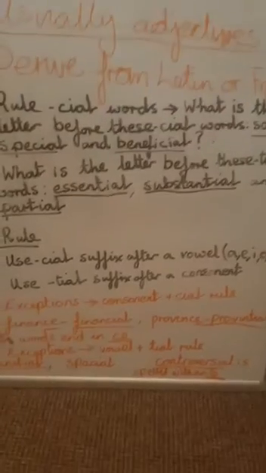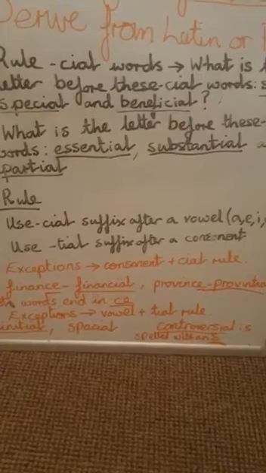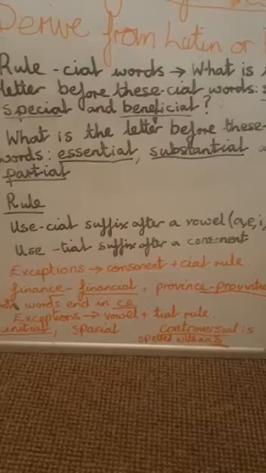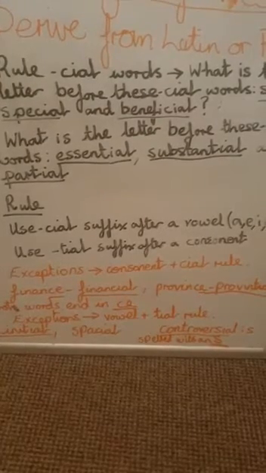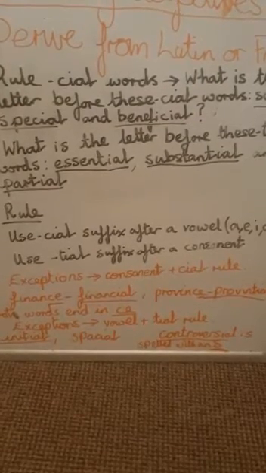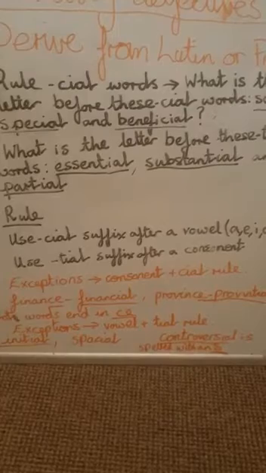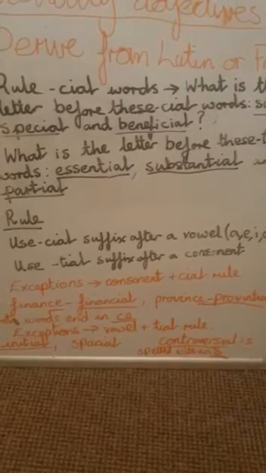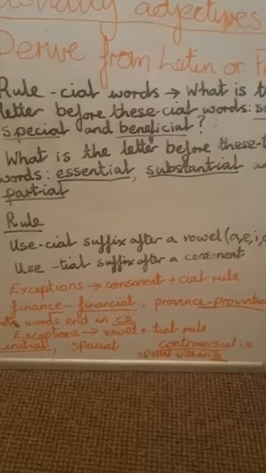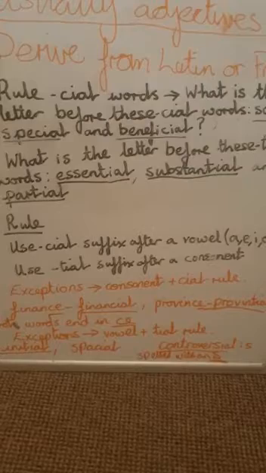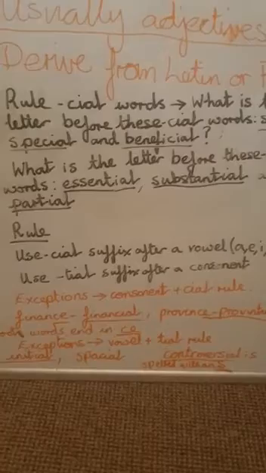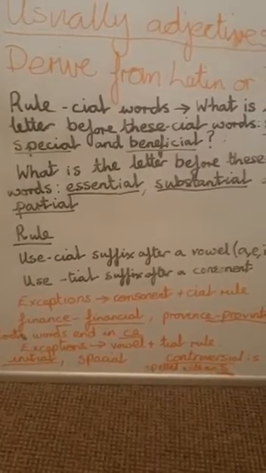Now, there's another exception to the TIAL rule, and really we have to learn these. Initial and spatial are two examples, and a really controversial word is controversial, because it's the shull sound, but it doesn't have a CIAL suffix or a TIAL suffix. It's an SIAL suffix. So I know that that will be in our spellings on Friday.